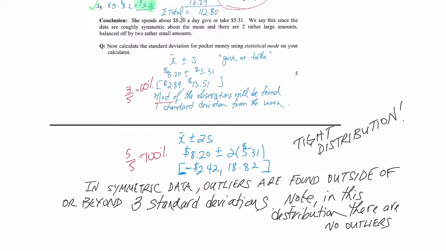There's different ways to assess outliers with symmetric data, and different techniques for outliers in different scenarios. But when you use the mean and standard deviation to determine outliers of a single distribution, this is what you do. You look and say, is it beyond 3 standard deviations? If there's values there, it's part of the data, but we could start to refer to them as extreme values or outliers if they are beyond 3 standard deviations.